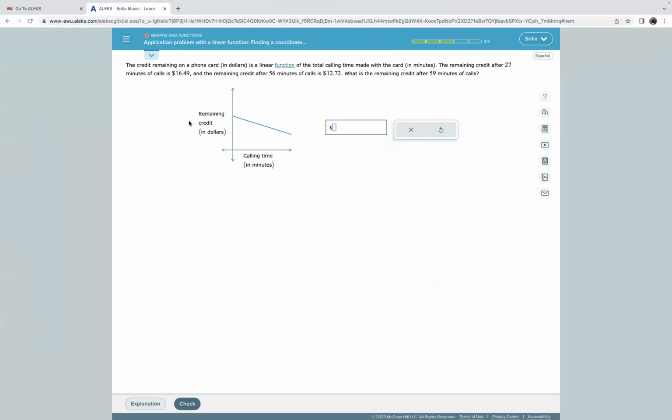And because it's a decrease, will the dollar amount go first for the X value? It comes down to what's on the x-axis and the y-axis. The x-axis is the calling time, so the whole numbers come first. Okay, just making sure, because I did write the whole numbers first. Good.